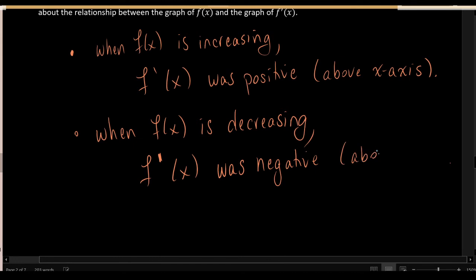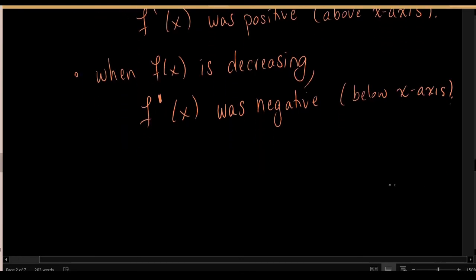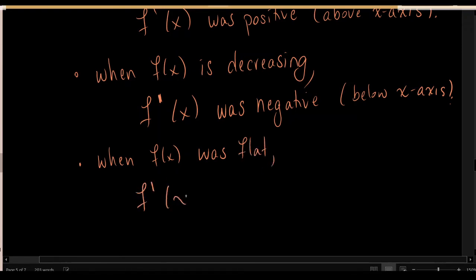And graphically, that means that the derivative is going to be below the x-axis. And in situations where f of x was flat, the derivative's value was 0. And at such a point, the graph crossed the x-axis.